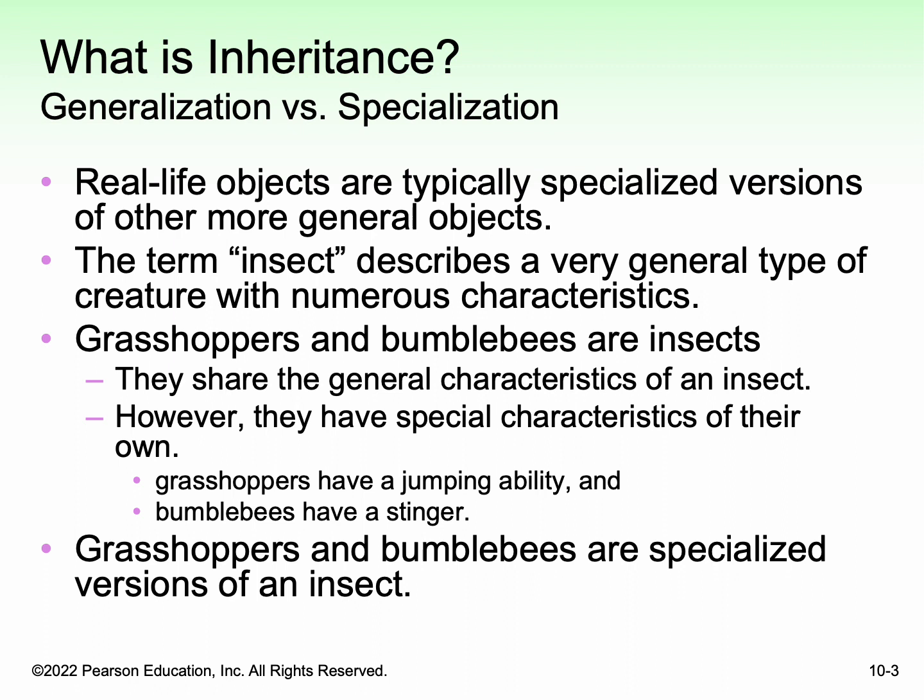However, all of them will share some general characteristics. So, for example, we have two different insects. One is a grasshopper that can jump really high, and another one is a bumblebee that has a stinger and can fly, right? They're both insects, however, they both have their own special characteristics.